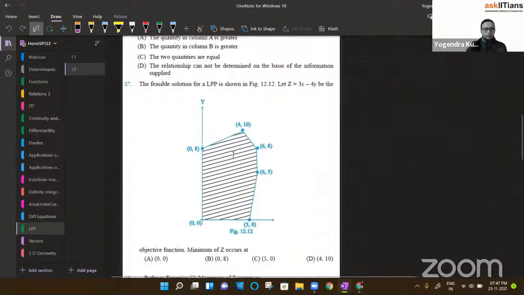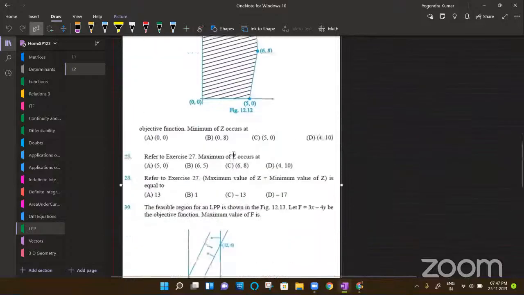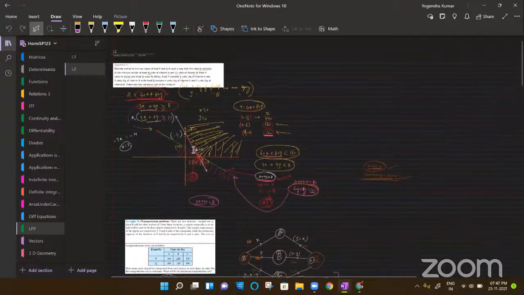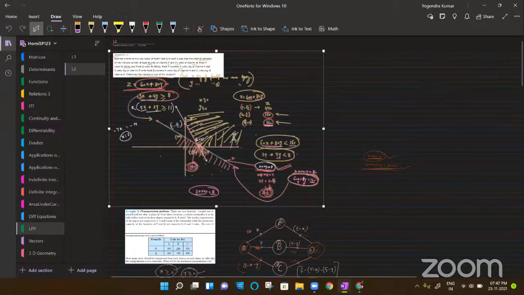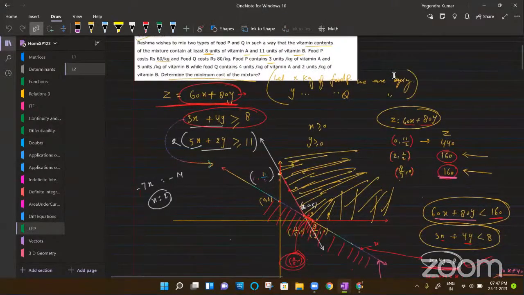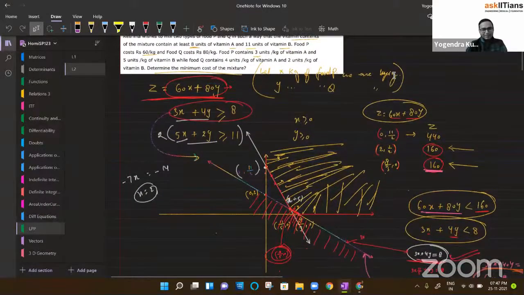Wait, I'll take the example. Here, this graph only. So you didn't believe me when I said there are multiple solutions.